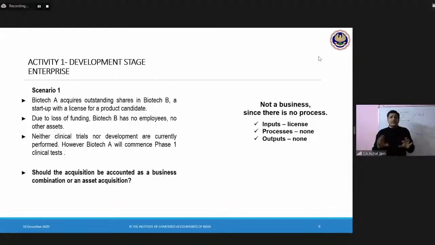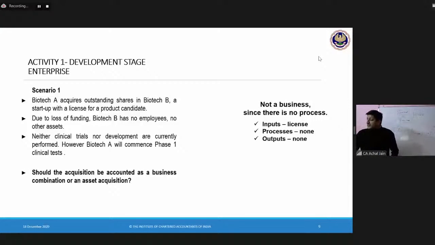But do we have any process in this entity? Not at all. There's no set of activity in Biotech B right now when it is getting acquired, with the help of which some output can be generated. So can we say it's a business? The answer is no.